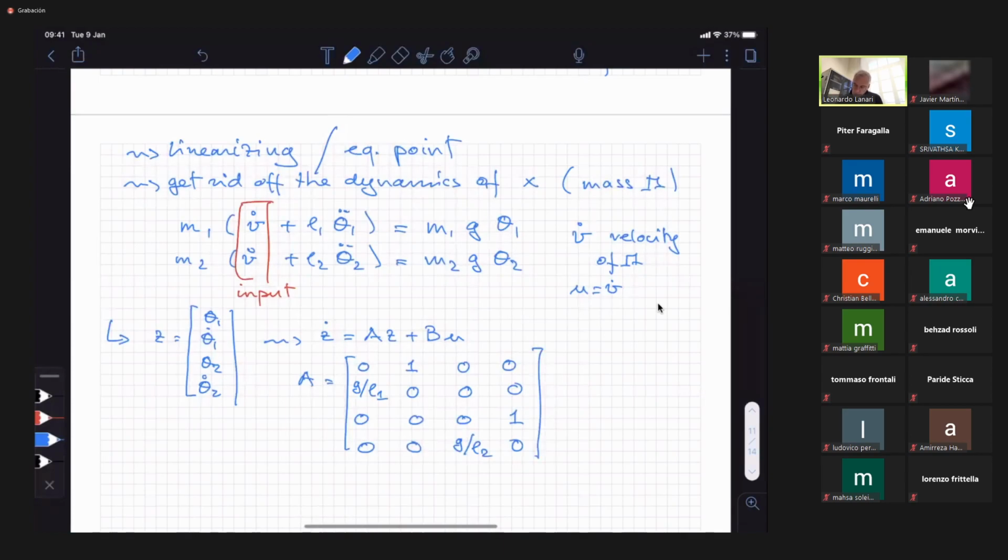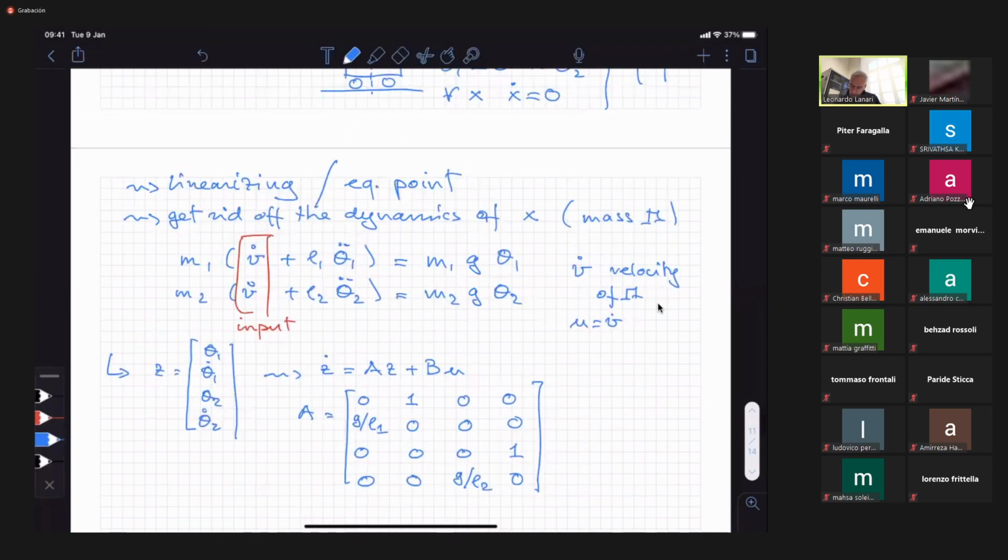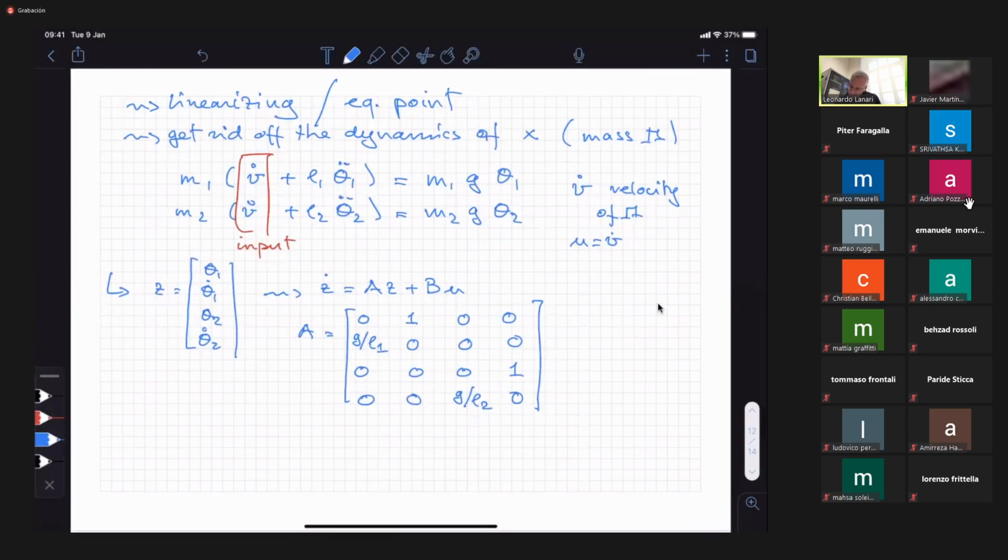So you see we have no friction or damping, and B would be 0, minus 1 over L1, 0, minus 1 over L2.